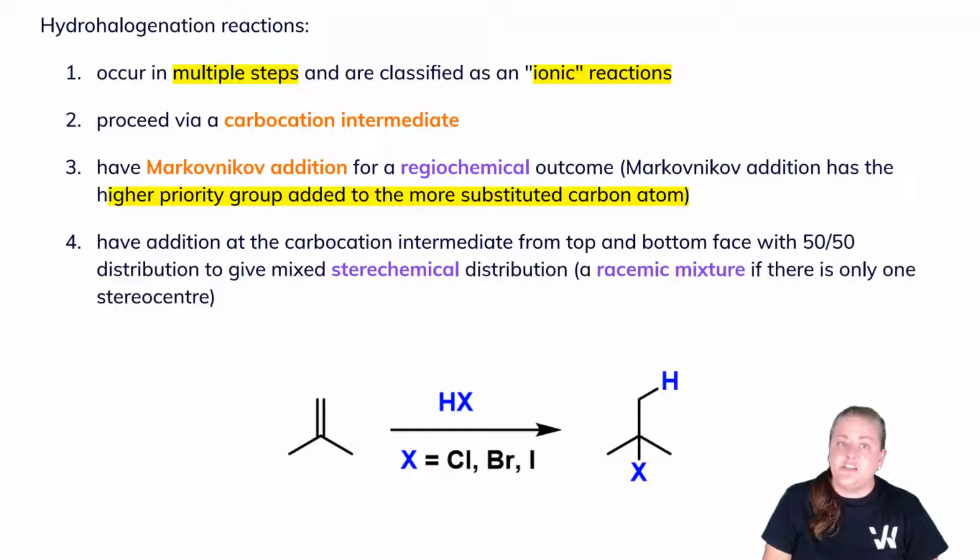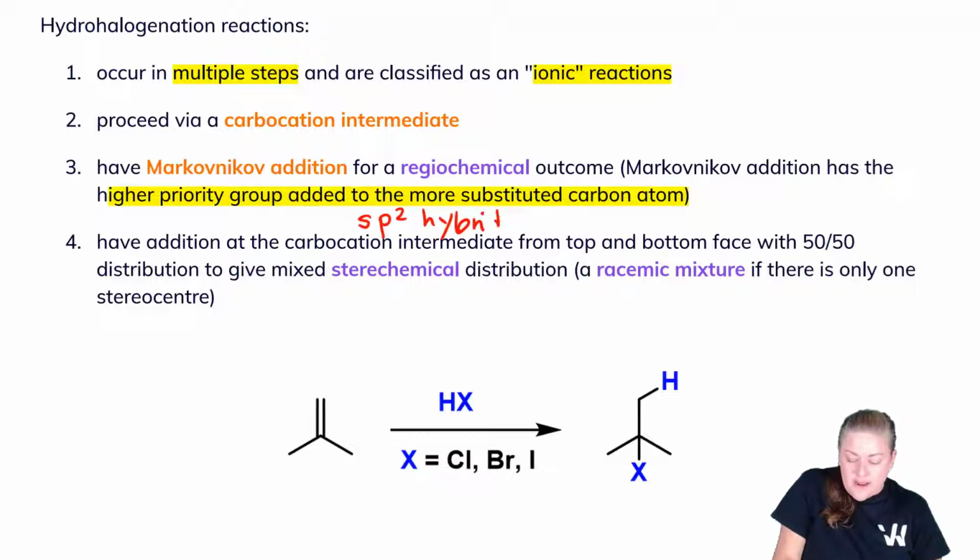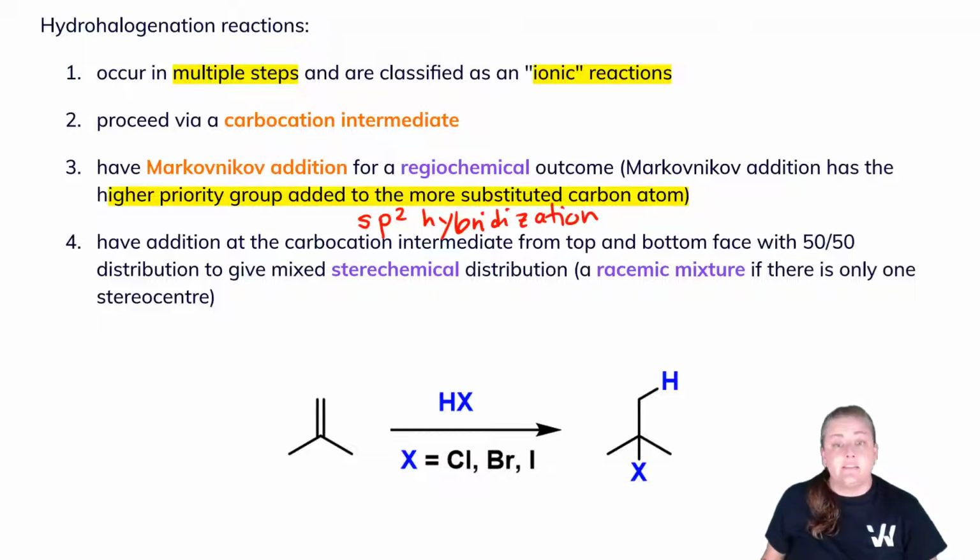We will have addition to a carbocation intermediate from the top and bottom face. Remember that a carbocation intermediate has sp2 hybridization, and since it has sp2 hybridization, the carbocation is flat, which means the incoming nucleophile can add to the top or bottom face with equal preference.